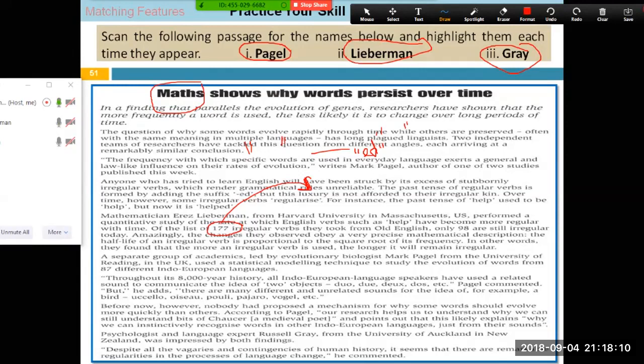But those verbs which were not used very frequently changed their shape earlier than verbs which were used very frequently. That means the more frequently a word is used, the longer its shape will not change. So this was the conclusion of their study.